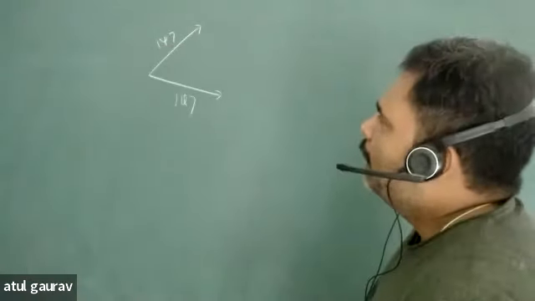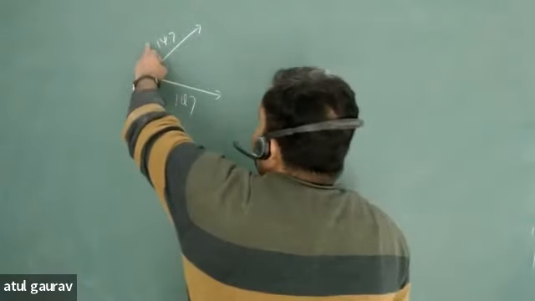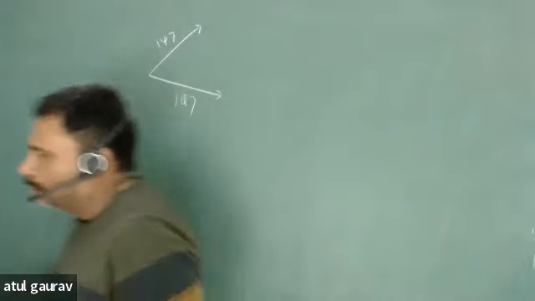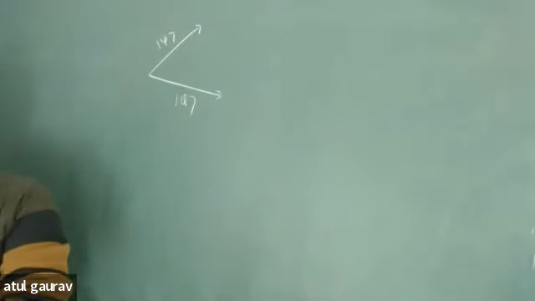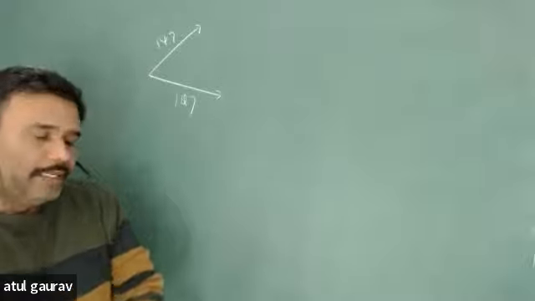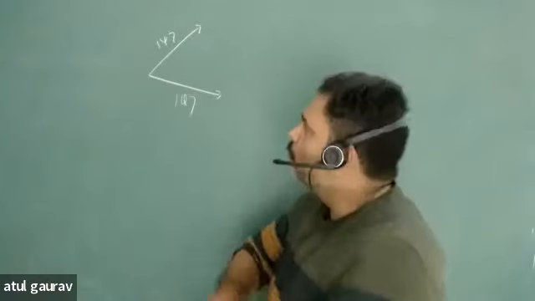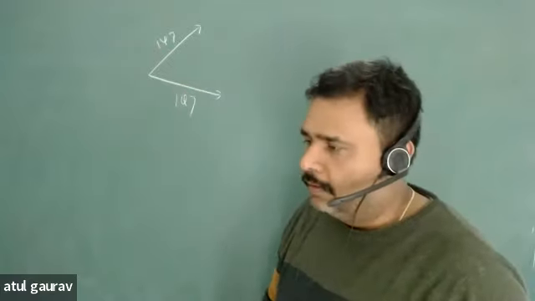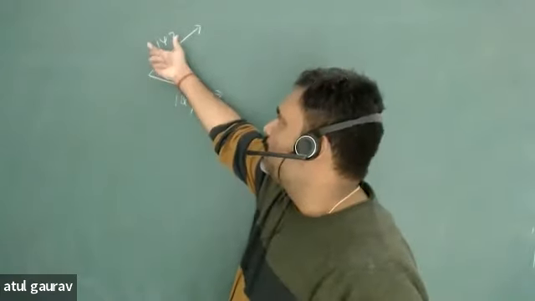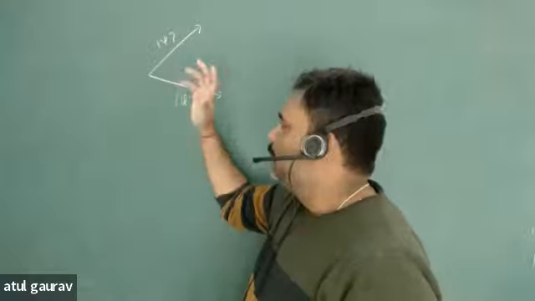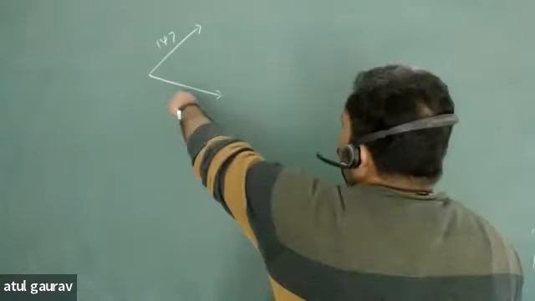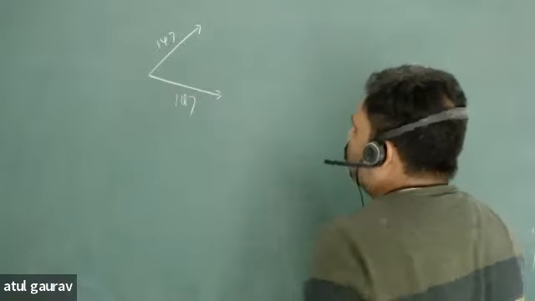I just want to take a projection of psi in the direction of phi. Are you comfortable? I just want to take this psi and project it in the direction of phi. So in which direction do I want to project?